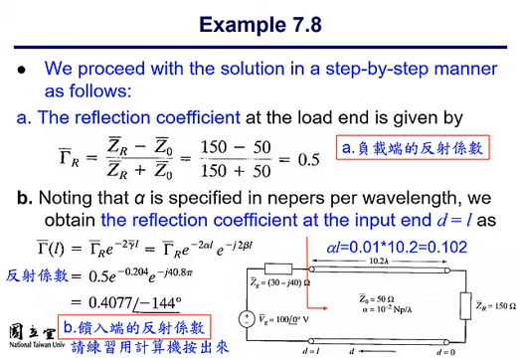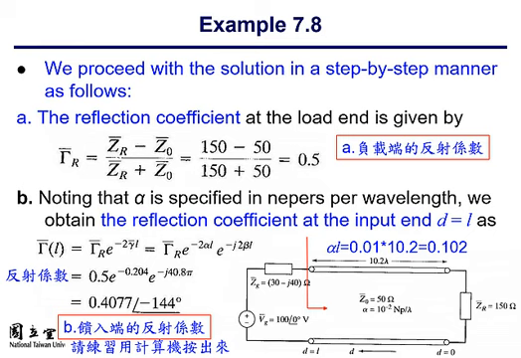Alright, so the first thing is to calculate the reflection coefficient at the termination, that is ZR minus Z sub 0 over ZR plus Z sub 0, which equals 0.5. Okay? And the reflection coefficient gamma R can be translated to the left, to here. By which distance? By 10.2 lambda.